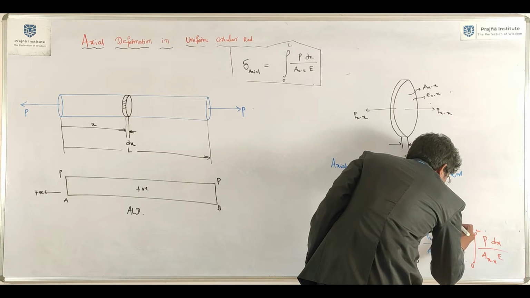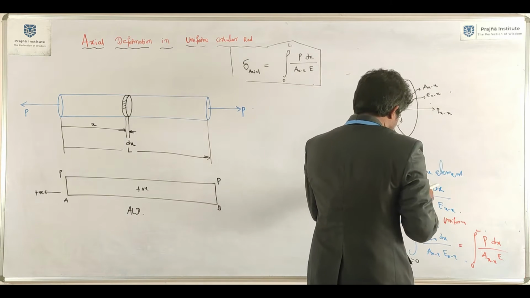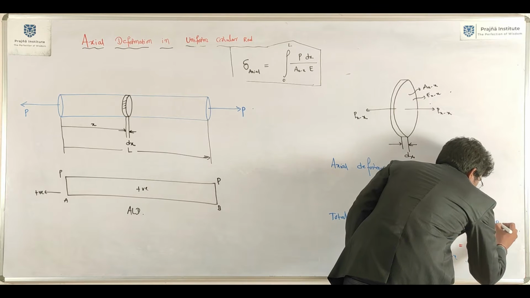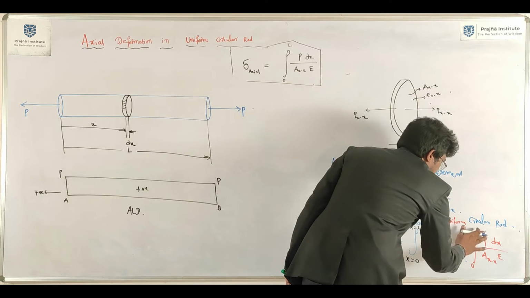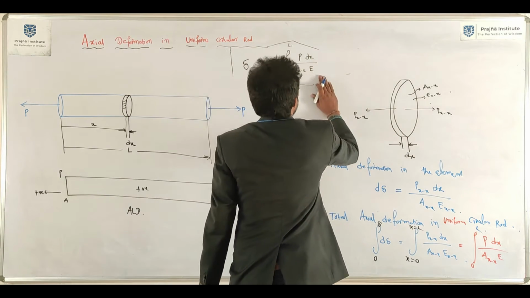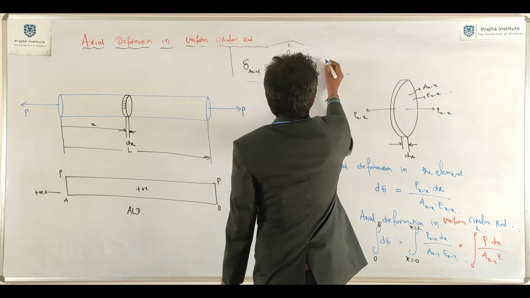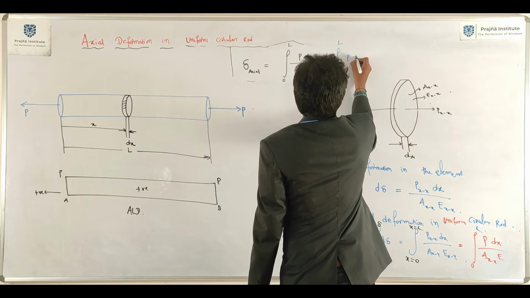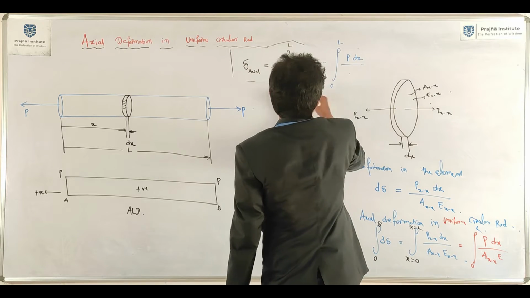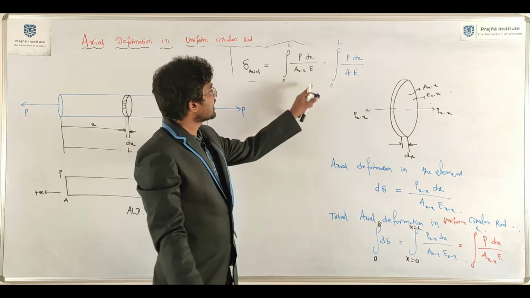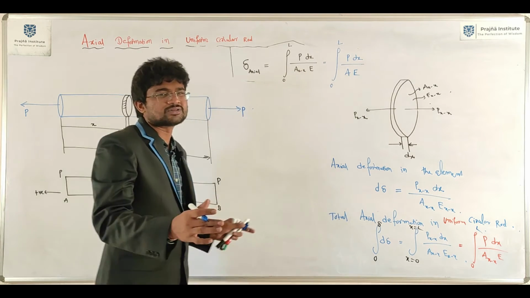Finally, total axial deformation in the uniform circular rod. Of course, same thing you will get. Here, just write down integral of 0 to L P dx by Ax, with Ax equal to A only, it won't change. Correct? Ax is constant throughout the bar.